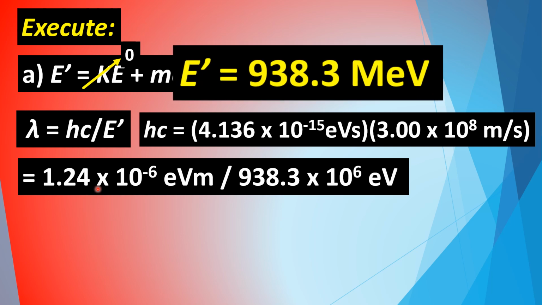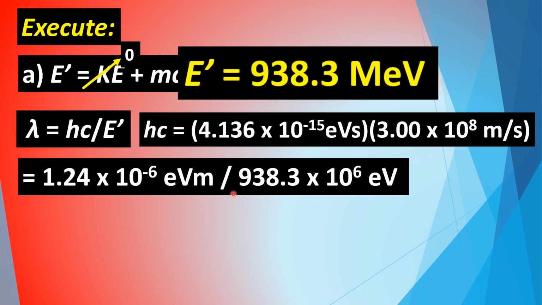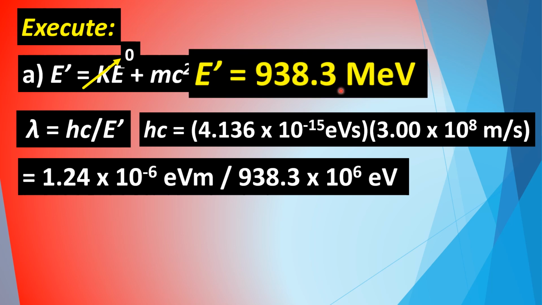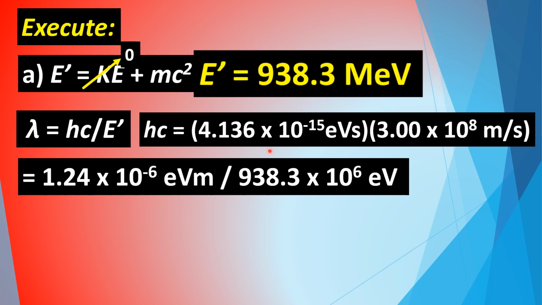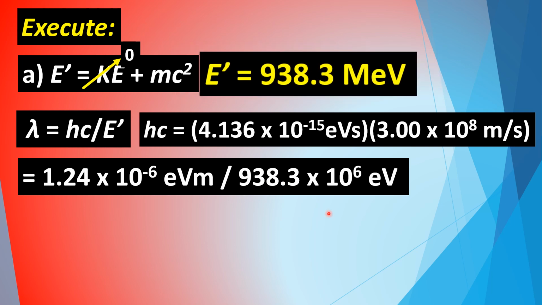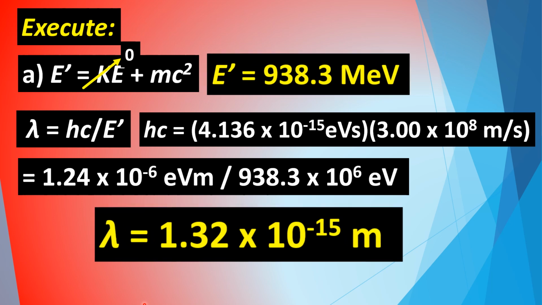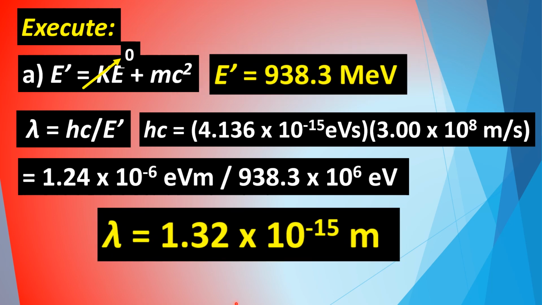So 1.24 times 10 to the negative 6 electron volt meter, divided by the computed total energy E prime, 938.3 times 10 to the 6 electron volts, converted from 938.3 million electron volts. Doing our math, we get the wavelength lambda equal to 1.32 times 10 to the negative 15 meters.